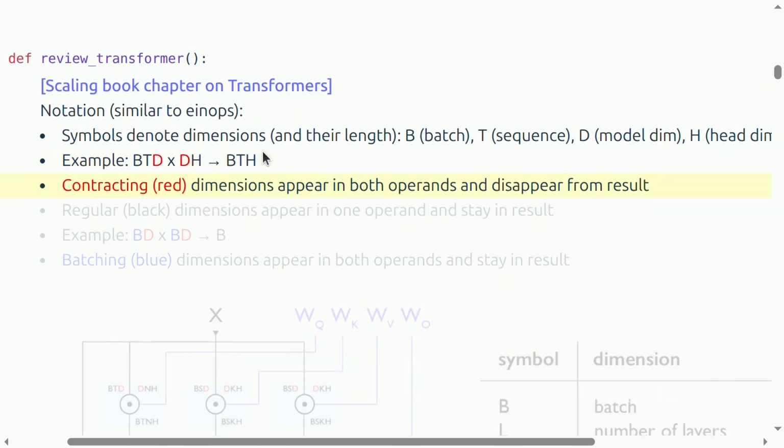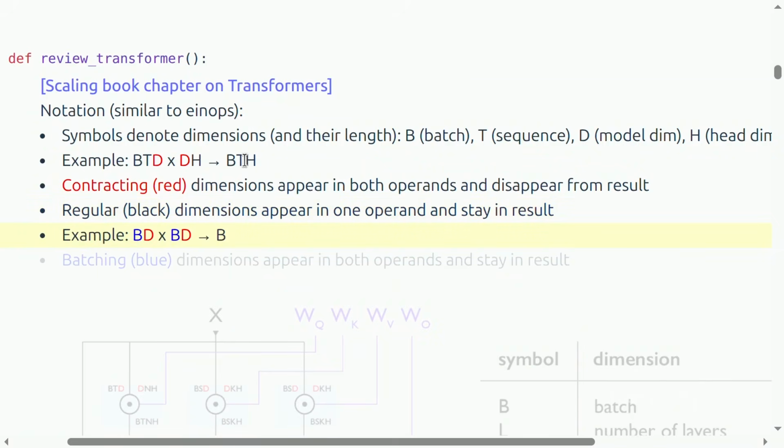So what is going on here is that there are some dimensions marked red, which are contracting. These dimensions appear in both operands and disappear from the result. And then there are other regular dimensions in black that appear only in one operand and stay in the result. This is the general form.